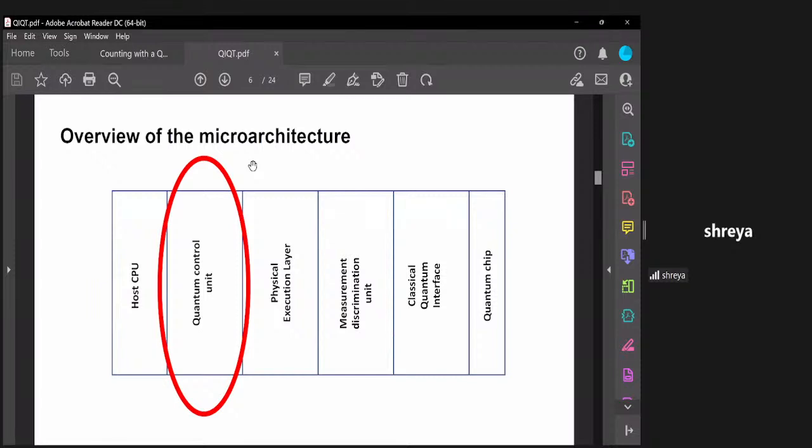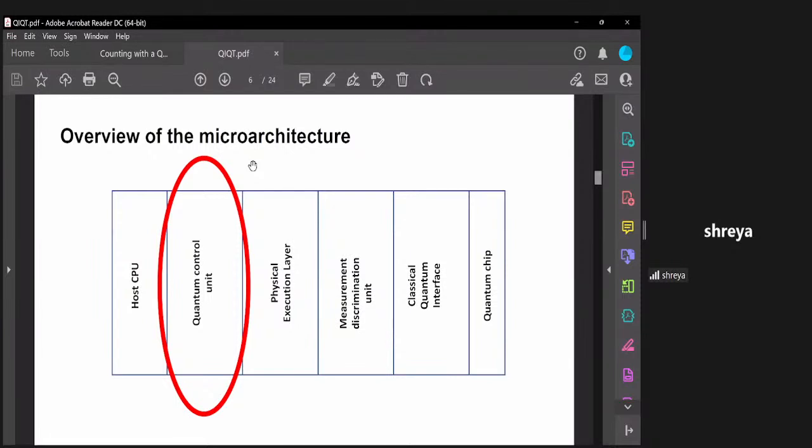When you design the circuit on a user level and you send it to the IBM cloud maybe, they use it, and the implementation of the quantum circuit occurs there. So there is a host CPU, which is in this case your own computer, and then there is a quantum CPU, quantum control unit, QCU, that implements your circuit.